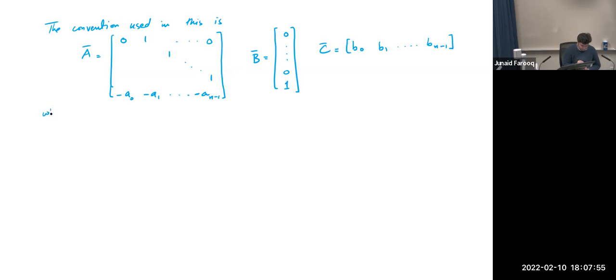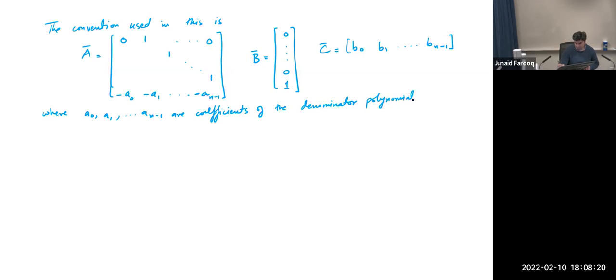Here, A0, A1, till A(n minus 1) are the coefficients of the denominator polynomial, which people also call the characteristic polynomial in the transfer function. You can always go back and look at the previous lecture to see the exact polynomial and how these coefficients came here.